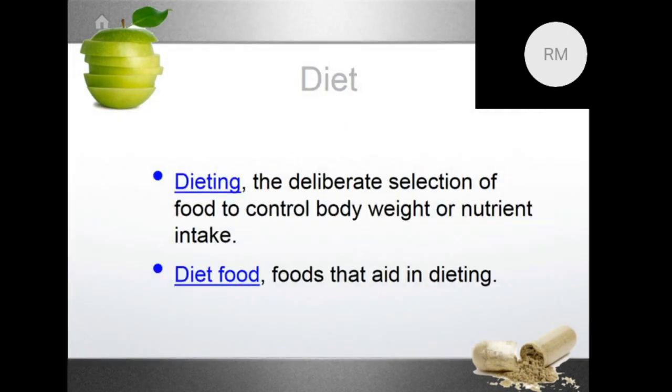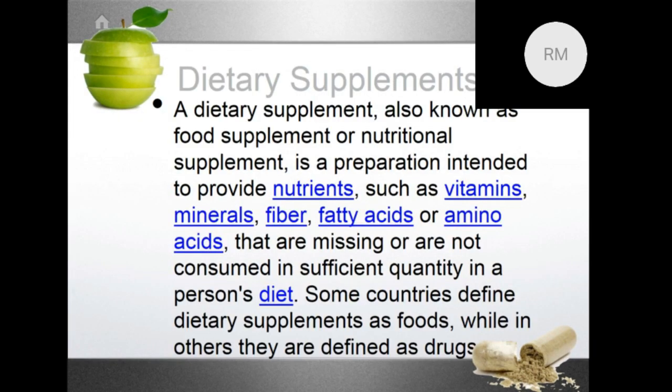Okay, diet, and then we have dietary supplements. Are you all able to see the slides? Okay.